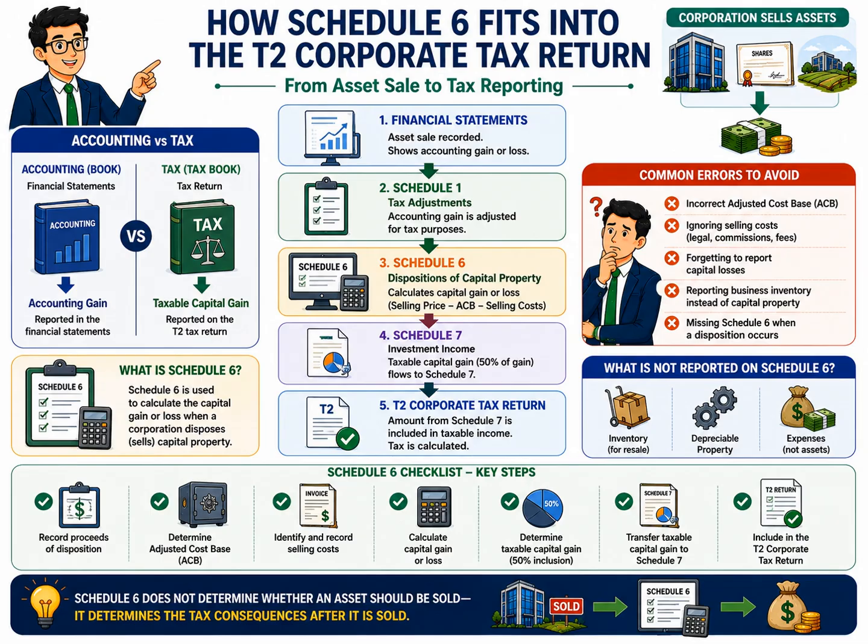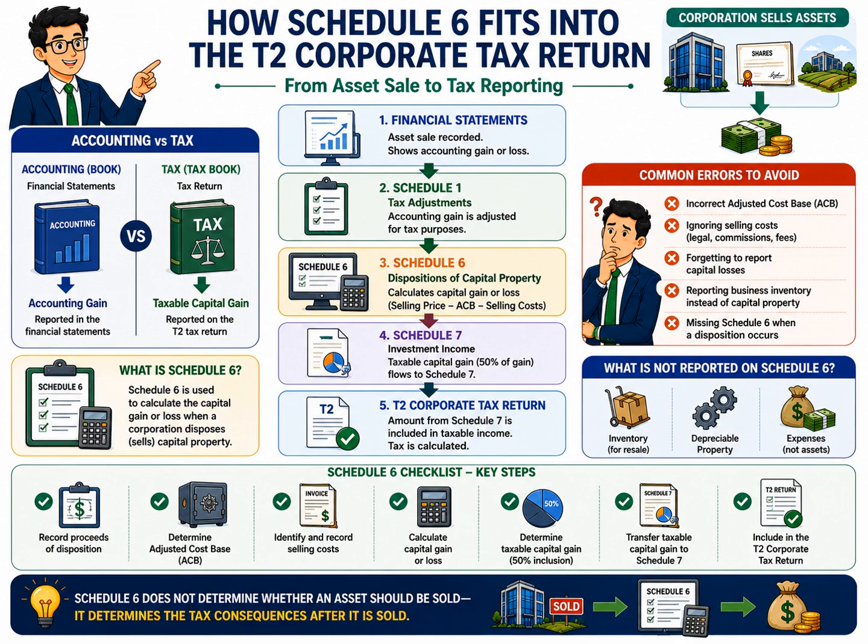However, accounting rules and tax rules are not always the same. That's why the next step is Schedule 1. Schedule 1 adjusts the accounting income to arrive at the correct income for tax purposes by adding back non-deductible expenses, deducting allowable tax adjustments, and making other required modifications.